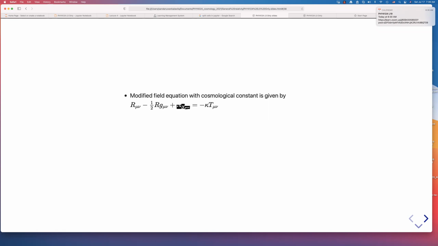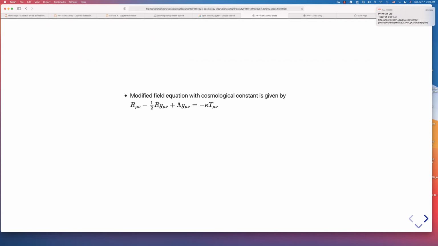G mu nu, right? Mathematically, you should understand why, because if you just have this constant, then the equation is not balanced again. You should have the same rank for all the tensors. Those are basic things that you should look at for the equation. I expect that at the end of this lecture series, you should know these basic things.